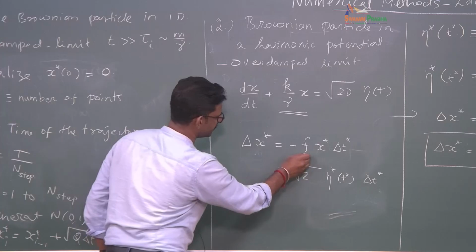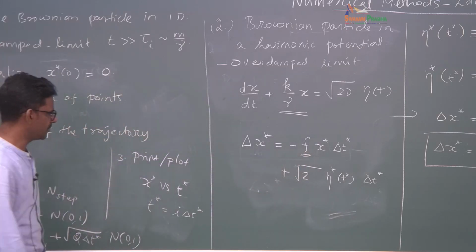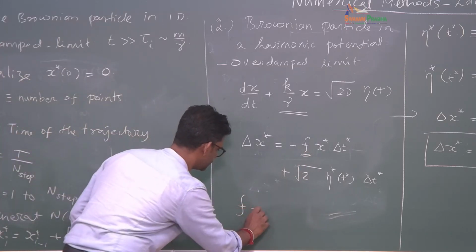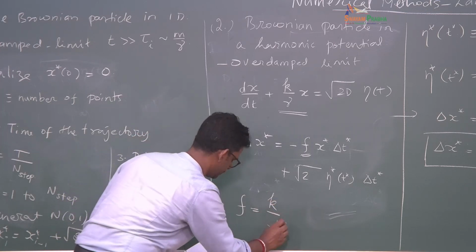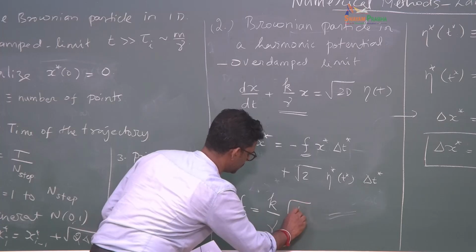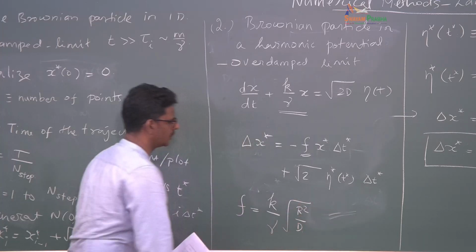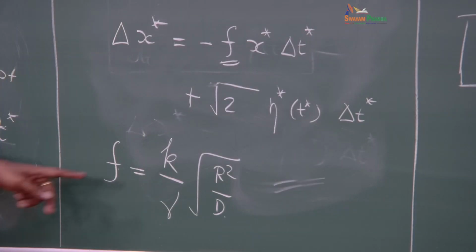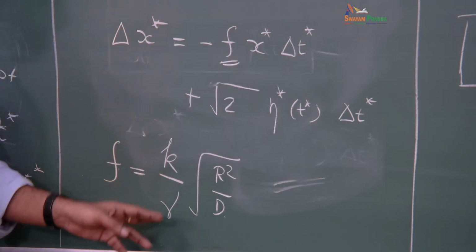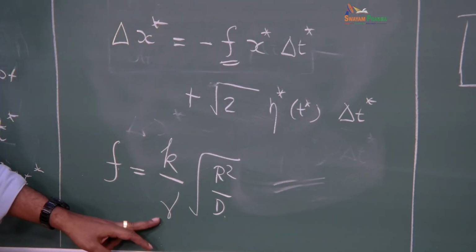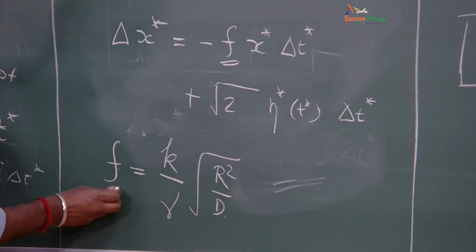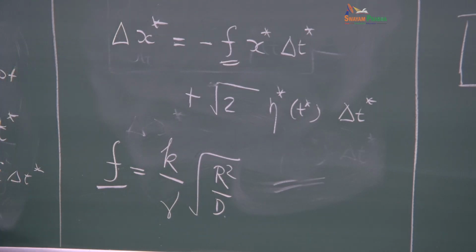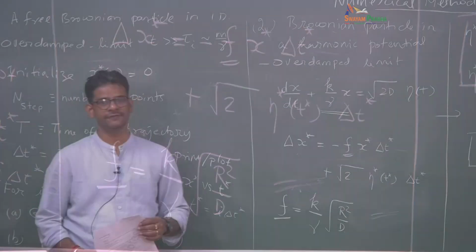Here you can see there is a parameter f that is coming up, and it is a non-dimensional parameter defined as kappa, or k over gamma, times square root of r square by D. This is a non-dimensional parameter that tells you how stiff the spring is, or how stiffly the potential is confining the particle.